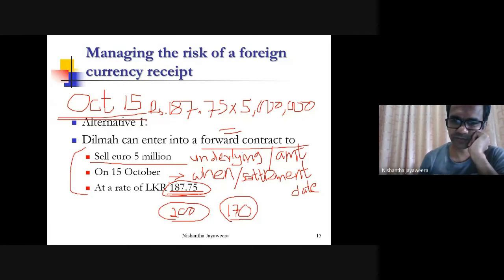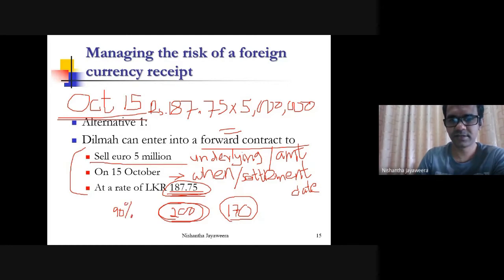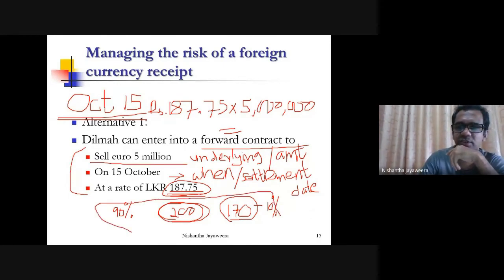Had you forecasted the exchange rate properly, if you had forecasted this euro rupee exchange rate is going to be 200 by October or somewhere else, with say a 90% chance of this happening and a 10% chance of the other, what do you do? Say your research department comes with this sort of an outcome.